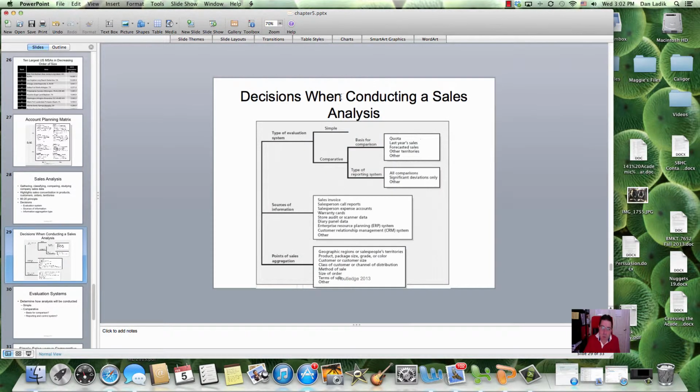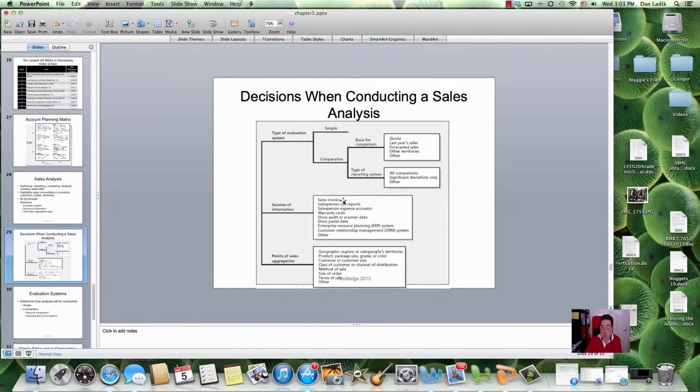So when we're doing this sales analysis, we have to think about the sources of information, how it's aggregated, and the types of evaluative systems. Sometimes it's simple, straightforward. Sometimes it's comparative, like quota of last year versus this year. You might be compared against all your other salespeople.